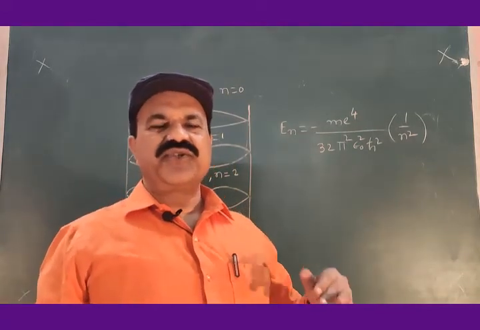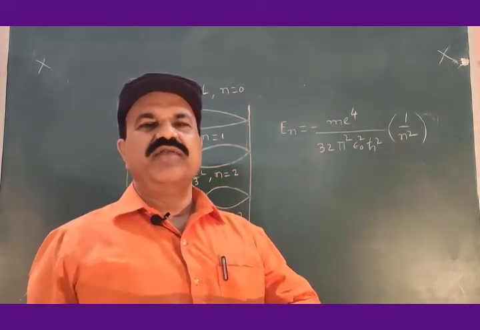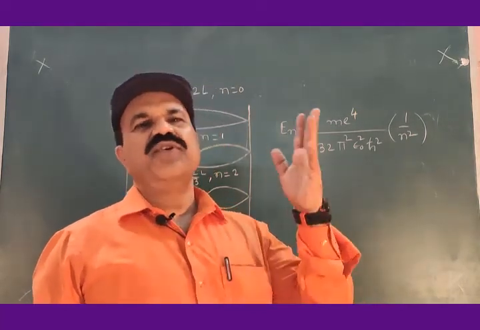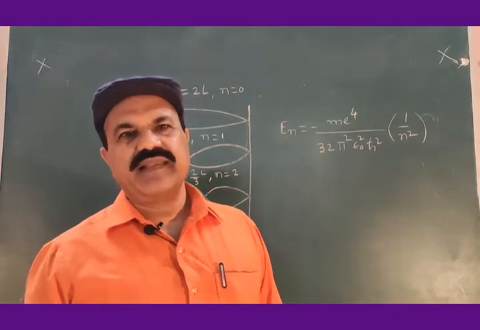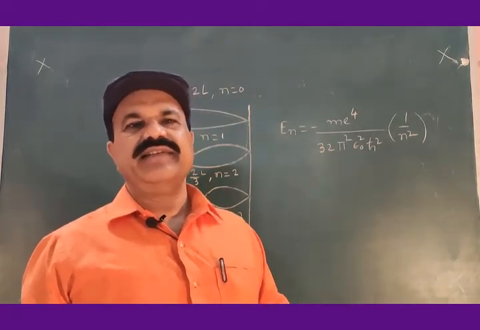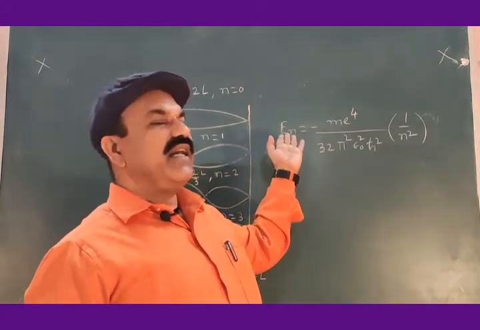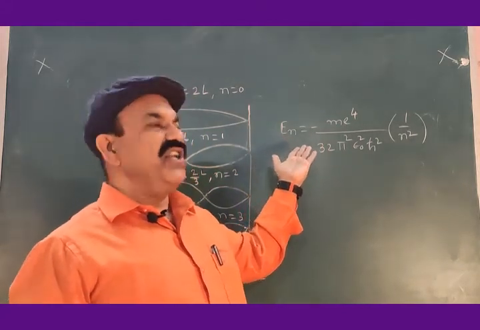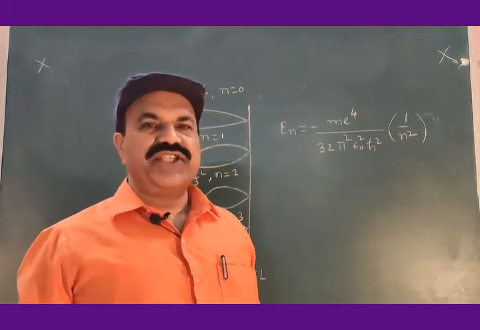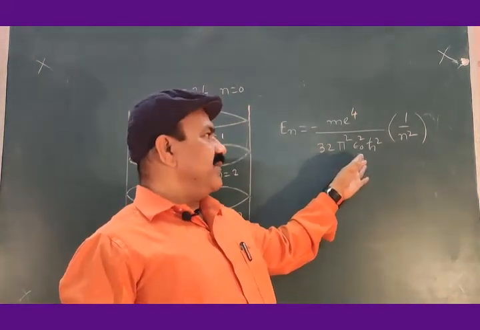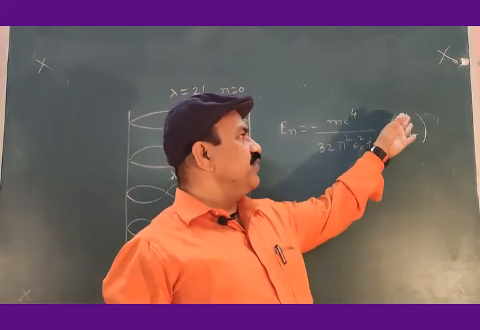We can write the Schrodinger equation for the hydrogen atom, solve it for the wave function psi, and then find the corresponding eigenvalues. The corresponding eigenvalues will be given by this equation. En is equal to minus m e to the power 4 divided by 32 pi square epsilon 0 square h cross square into 1 by n square.